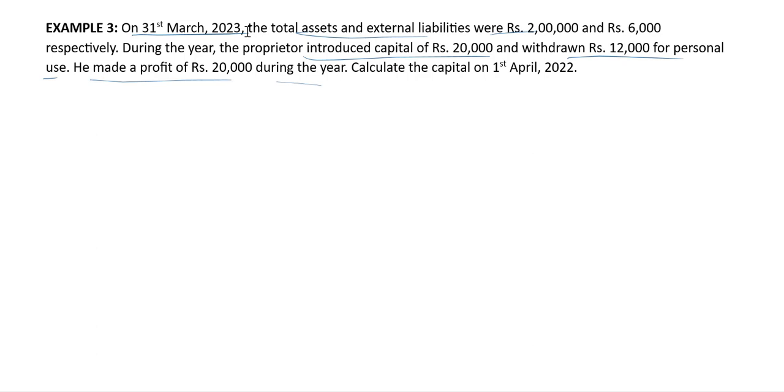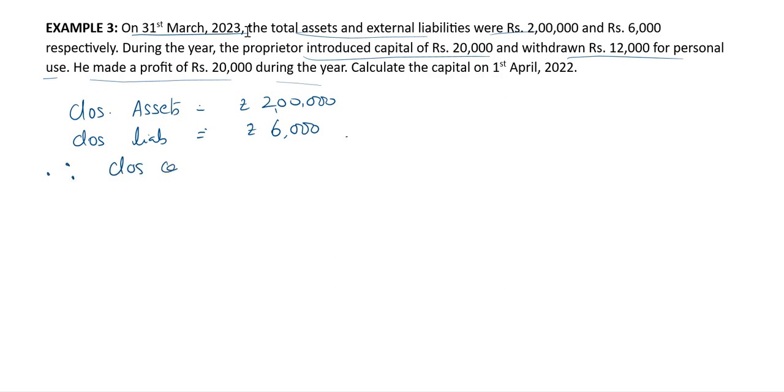It's given that the closing assets is equal to rupees 2 lakh and the closing liabilities is equal to rupees 6,000. Therefore, closing capital is equal to closing assets minus the closing liabilities, which is rupees 2 lakh minus 6,000, which is rupees 1,94,000.